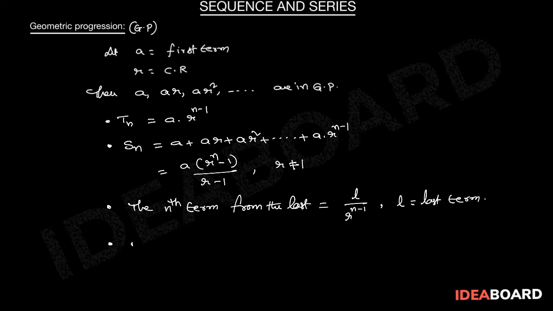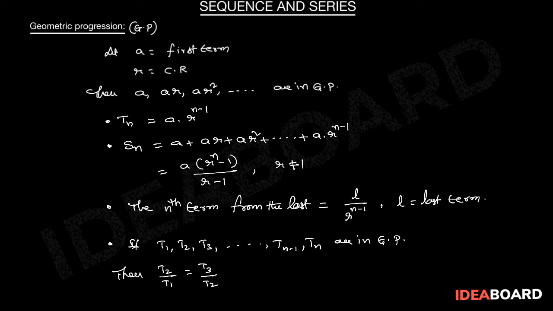If T1, T2, T3, and so on, Tn minus 1, Tn are in geometric progression, then T2 by T1 equals T3 by T2 equals and so on equals Tn minus 1 by Tn minus 2 equals Tn by Tn minus 1.